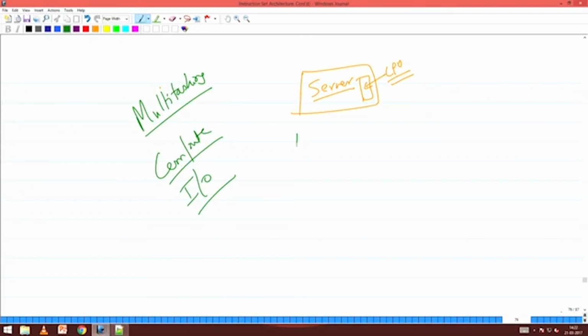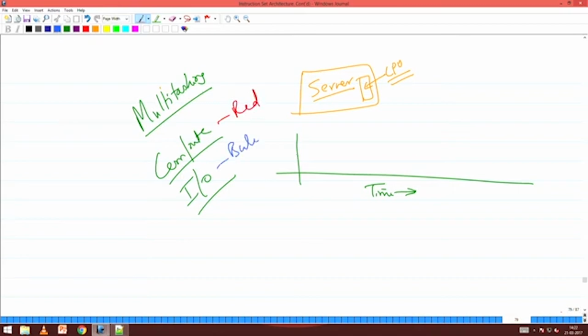Let us take a typical process. This is the time axis, and let me say red means compute, and blue means I/O.